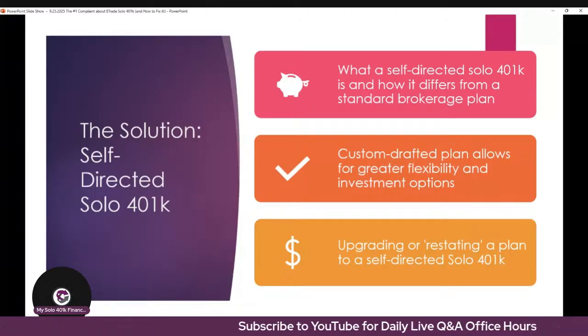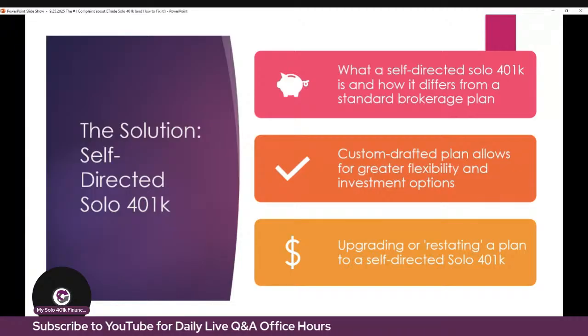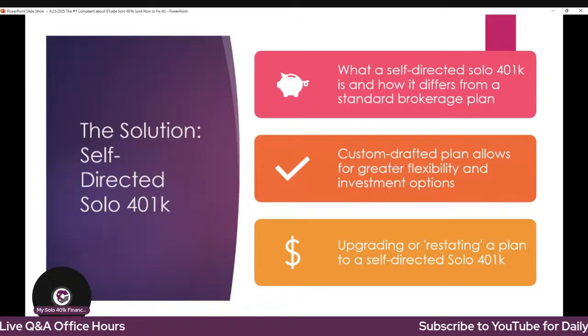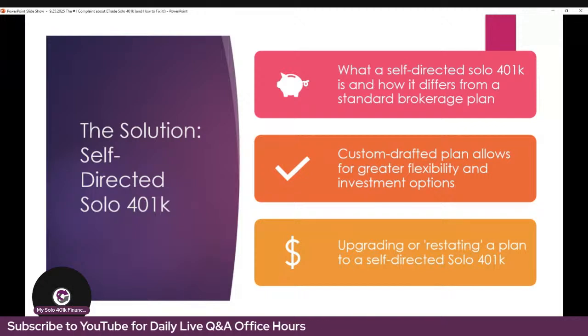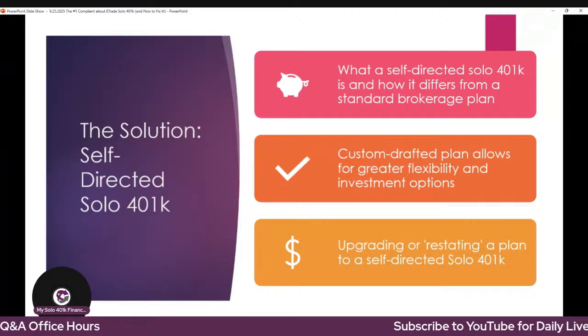Moreover, we provide the compliance support as an optional free service for our customers' plans, but at the same time, we're totally neutral as far as where the accounts are at. So that means that our customers can have their Solo 401k plan through us, but have their accounts at E-Trade. So a self-directed Solo 401k is really a third-party plan.